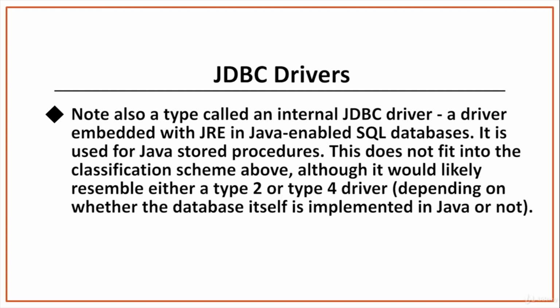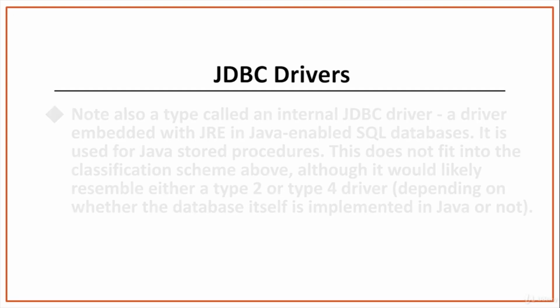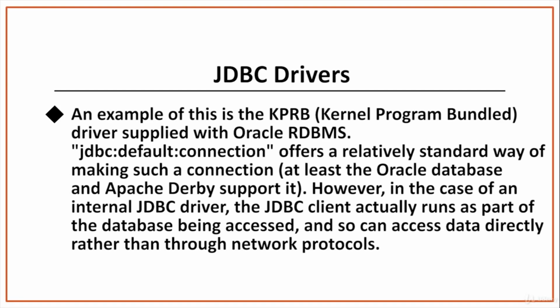This does not fit into the classification scheme above, although it would likely resemble either a Type 2 or Type 4 driver, depending on whether the database itself is implemented in Java or not. An example of this is the KPRB, or Kernel Program Bundled driver, supplied with Oracle RDBMS. jdbc:default:connection offers a relatively standard way of making such a connection.